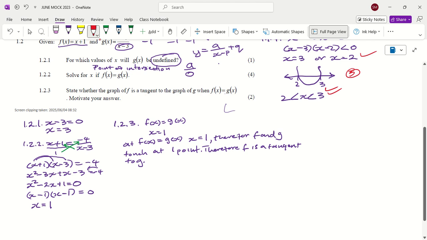Sharp. 1.2, you get a mark for x is equal to 3. That is 1 mark, right? And then you get a mark for simplifying. That is the first mark. The second mark, you get a mark for standard form. You get a mark for your factors. Even if you use quadratic, you get a mark for substitution, ne? And then you get a mark for x is equal to 1. That is 4 marks. Then the last question that we did, oh, we didn't state, guys.